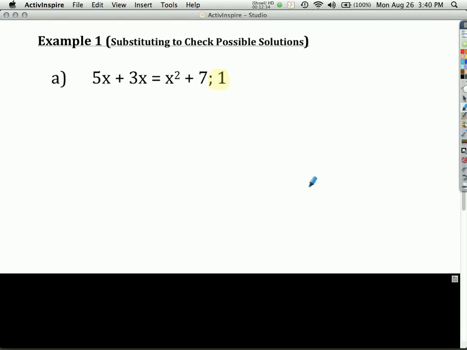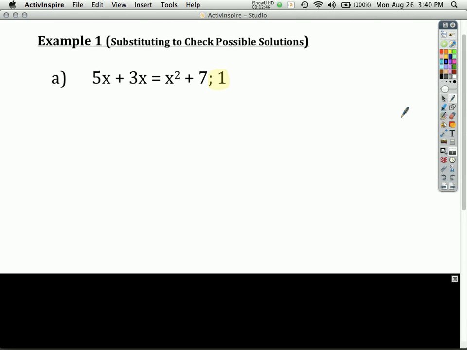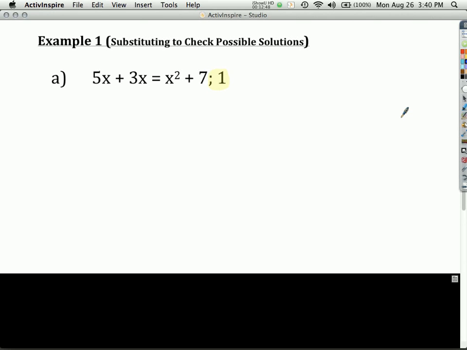That is a proposed solution. So I'm saying maybe this is a solution, maybe not. We have to figure out if it's the right one. I already gave you a clue as to how to do this. We take the value, plug it into the equation, simplify, and see if we get a true statement.